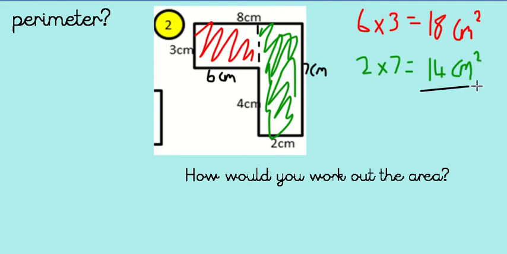That's right, to figure the area of the whole shape, I'm going to have to add them together. And 18 add 14 is 32 centimetres squared. So here I had to split my shape into 2 rectangles and then work out the area by doing the length times the width.